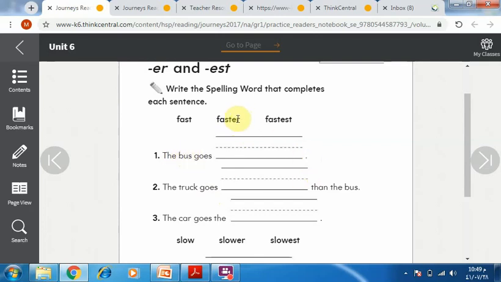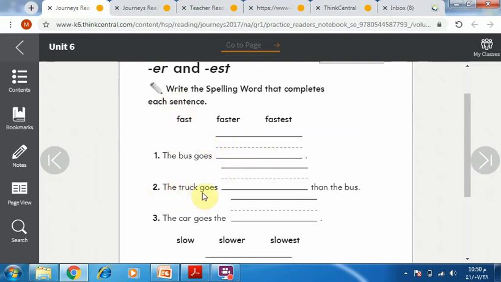You're choosing the one with ER. Are we comparing two things here? I'm just talking about one bus here. So you cannot use this one. Yes, you're right. My answer is wrong. I should choose this one. The bus goes fast. Number 2. So cross this one and write it here, fast.